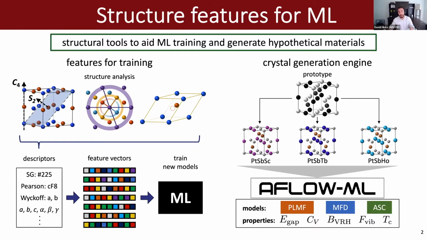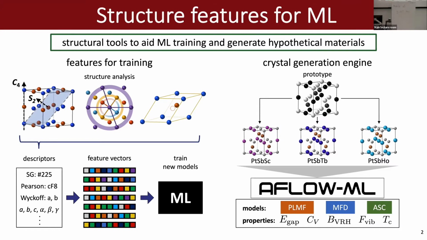We can analyze these with AFLOW tools to get things like symmetry, atomic geometries, and similarity between structures, to compose descriptors. You can take space group and Pearson symbol, create feature vectors, and then feed these into your machine learning models to do structure property predictions.